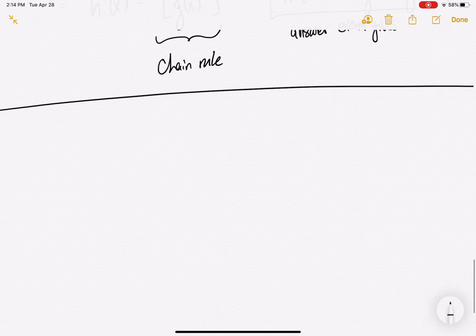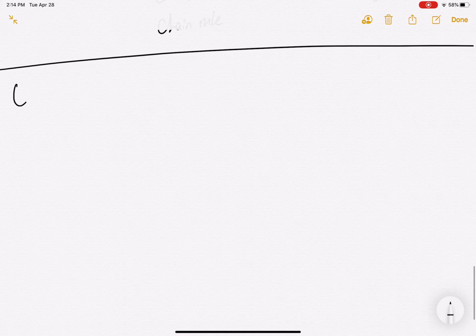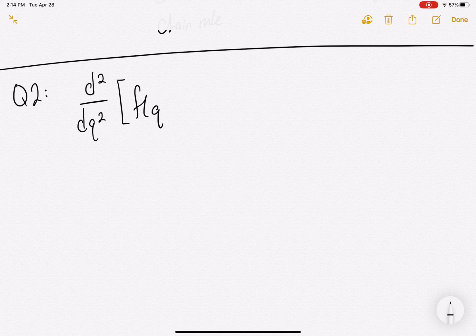All right, let's do the second part here, the second question on problem 1. This is now d squared, I'm switching it up on you guys, dq squared of f of q squared plus 2q. And just as before, I'm going to work with primes.